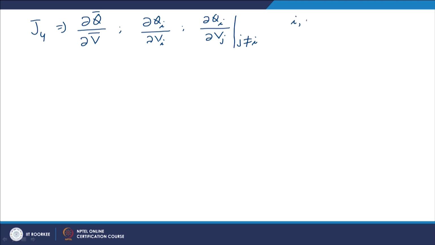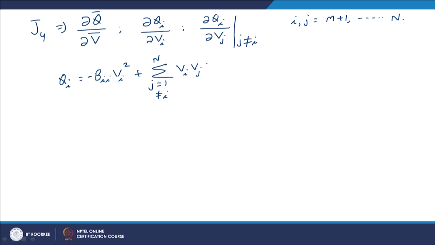Now, we know that i and j both vary from m plus 1 to n. So, Q_i is minus B_ii V_i square plus V_i V_j Y_ij sin(θ_i minus θ_j minus α_ij).